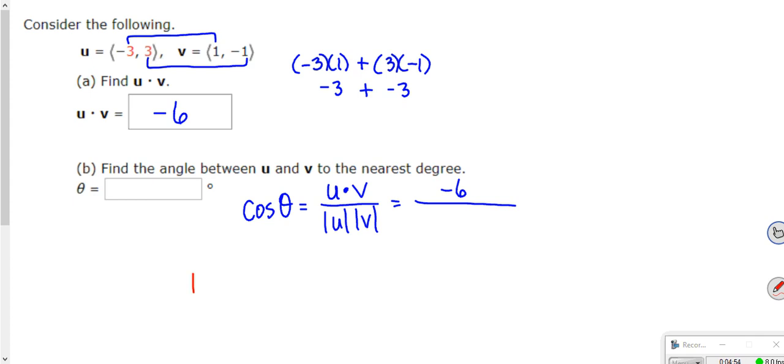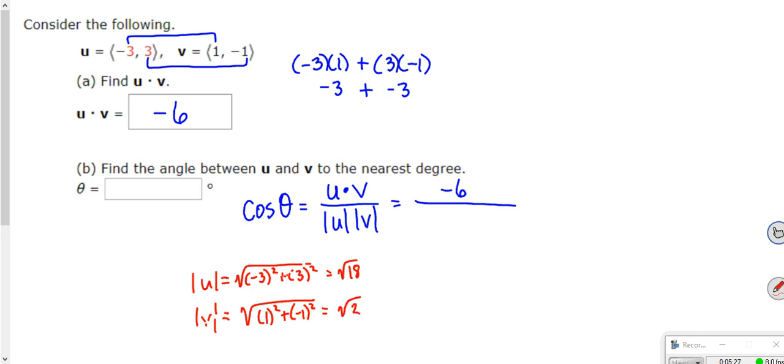Do you all remember that the magnitude of u is the square root of negative 3 squared plus positive 3 squared? So this is the square root of 18, right? The magnitude of v is the square root of 1 squared plus negative 1 squared. Well, that's just square root 2.